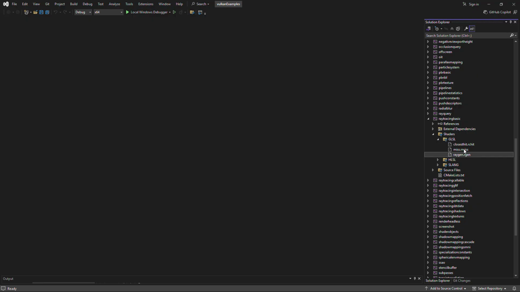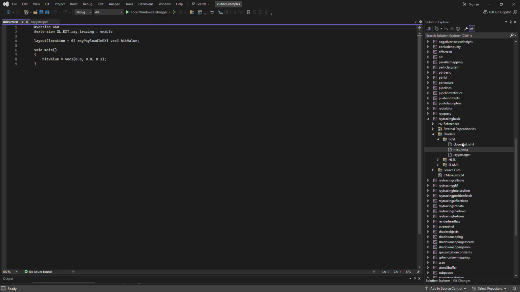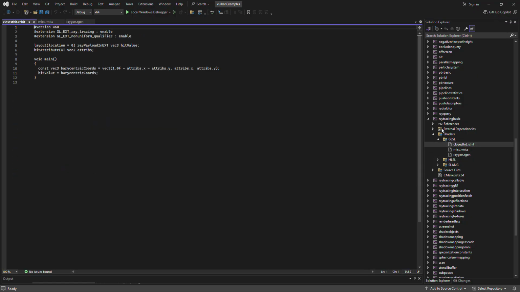We go into RayGen, we go into the miss shader, we go into the closest hit shader. This is just the ray trace triangle. I didn't realize how important the actual shading language is in the bigger scheme of things.